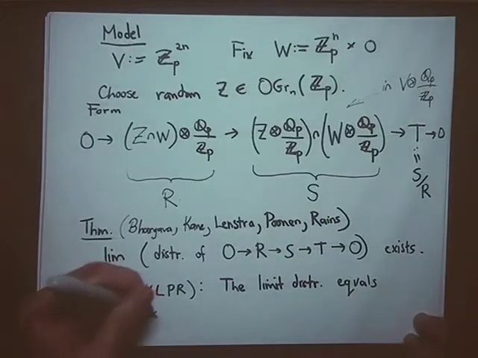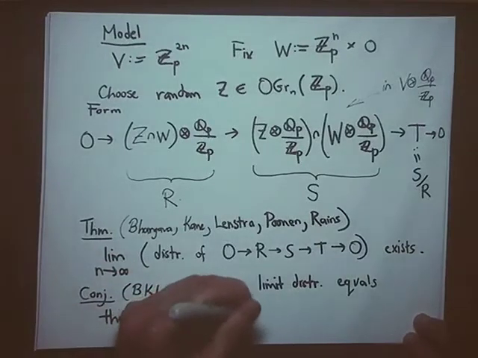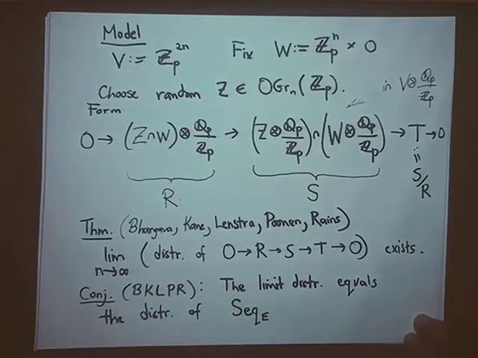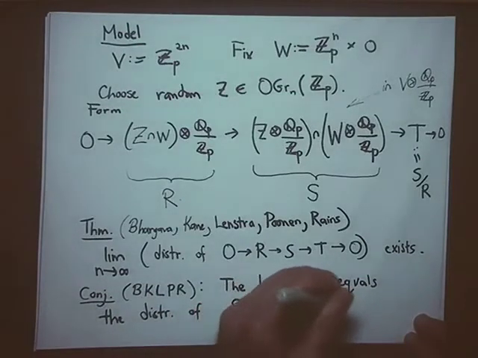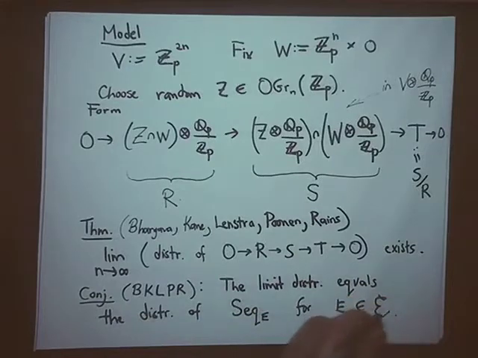So it equals the distribution of the sequence associated to the elliptic curve, as you vary E among all the elliptic curves over Q. That was the notation I introduced last time.